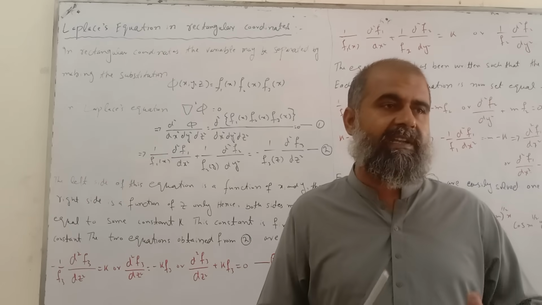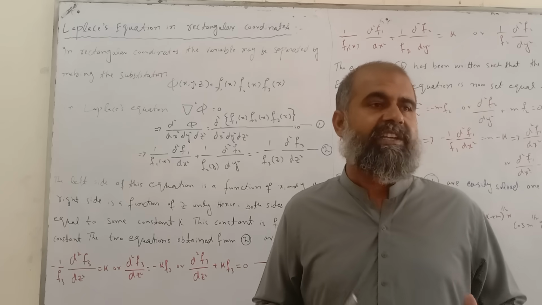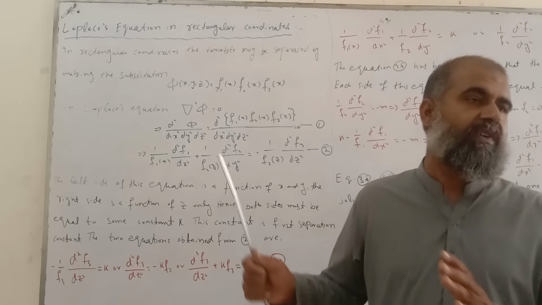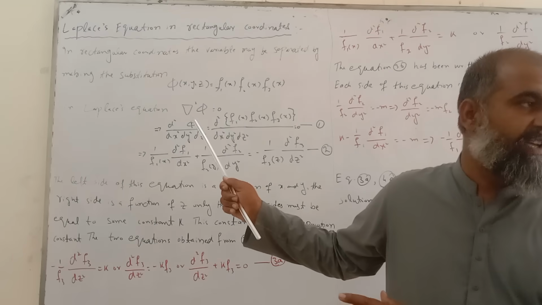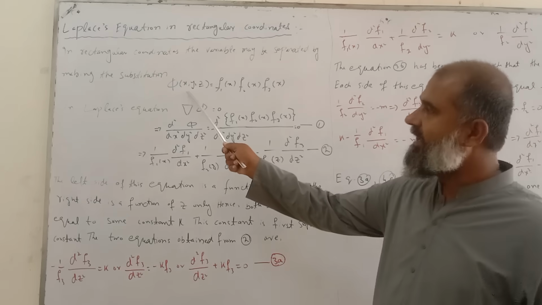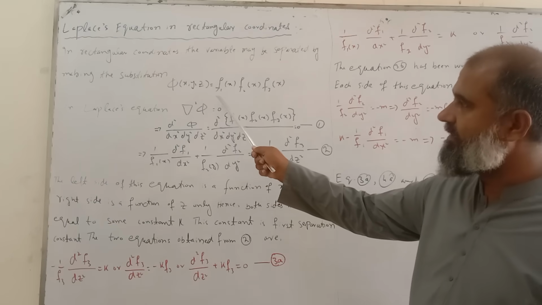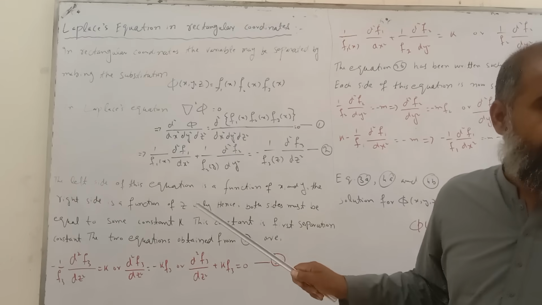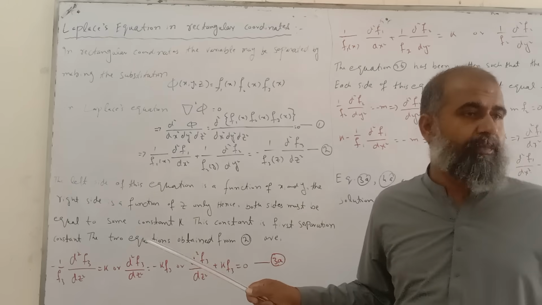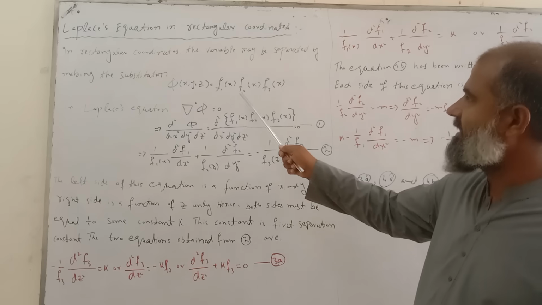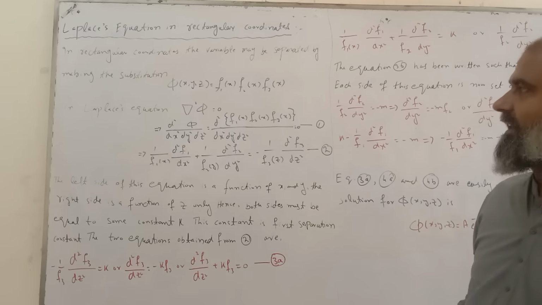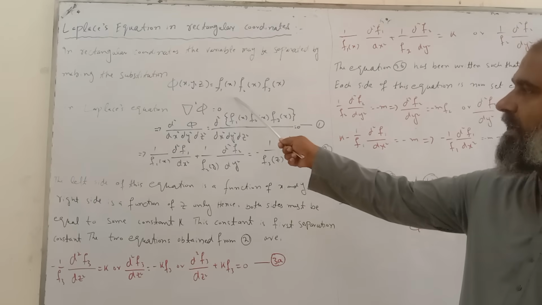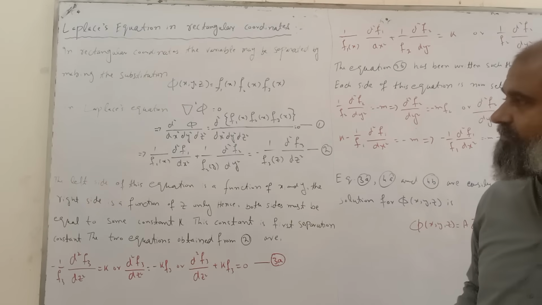We have separated it into 3 different components f1, f2, f3, which are multiplied to each other.